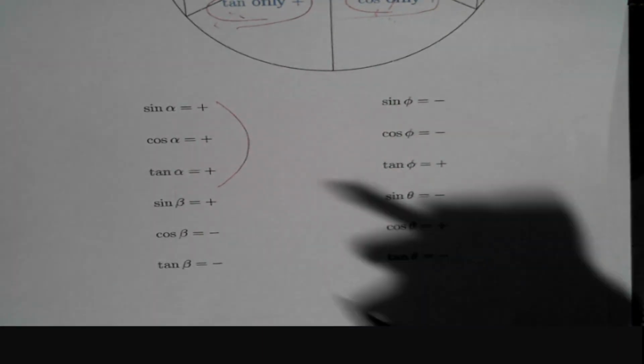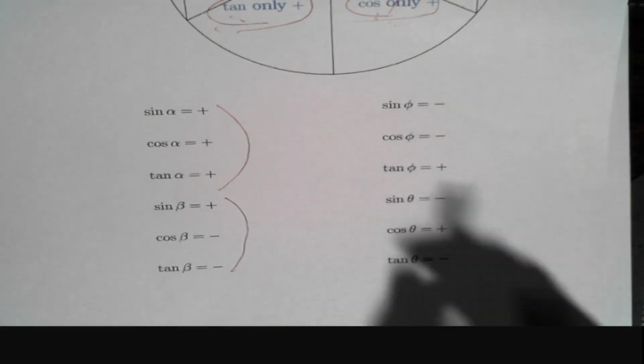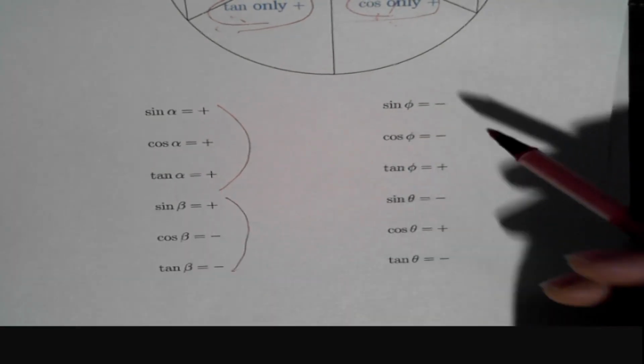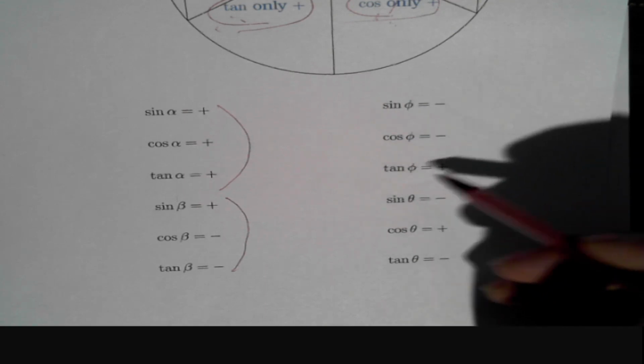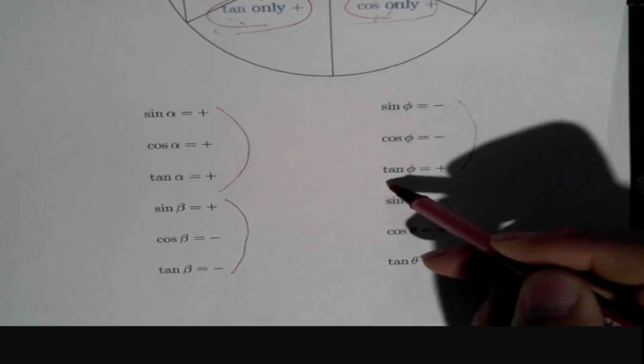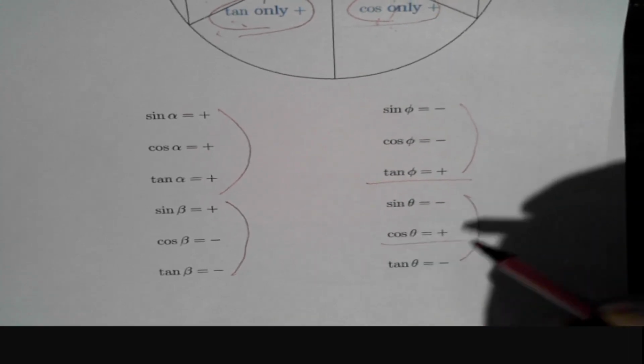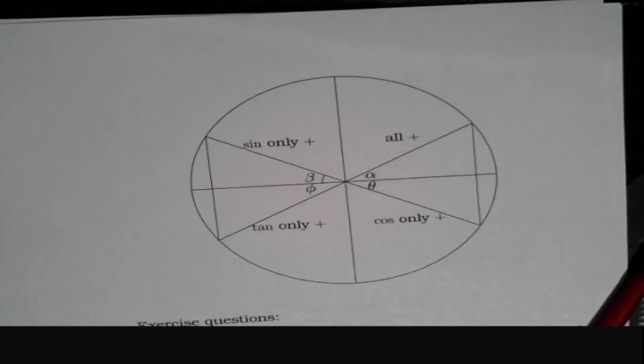In the second quadrant, angle beta, only sine is positive. In the third quadrant, only tangent is positive, and in quadrant 4, only cosine is positive. Now we understand the unit circle and right triangle relations.